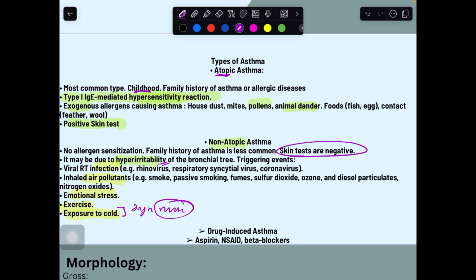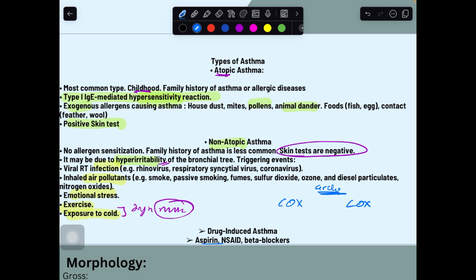There's also a certain type of drug-induced asthma, but it's less common, and it could be because of aspirin or NSAIDs. And how is that? Because as we know, aspirin and NSAIDs block COX enzymes, and COX enzymes, as we remember, work on arachidonic acid to convert it to prostaglandins and all of these things. But we also have another enzyme known as LOX, or lipoxygenase, which also works on arachidonic acid.